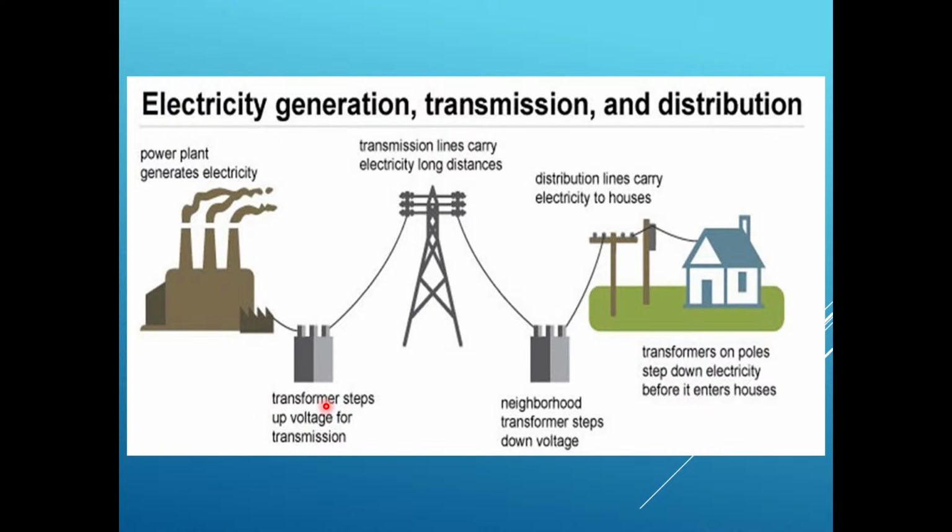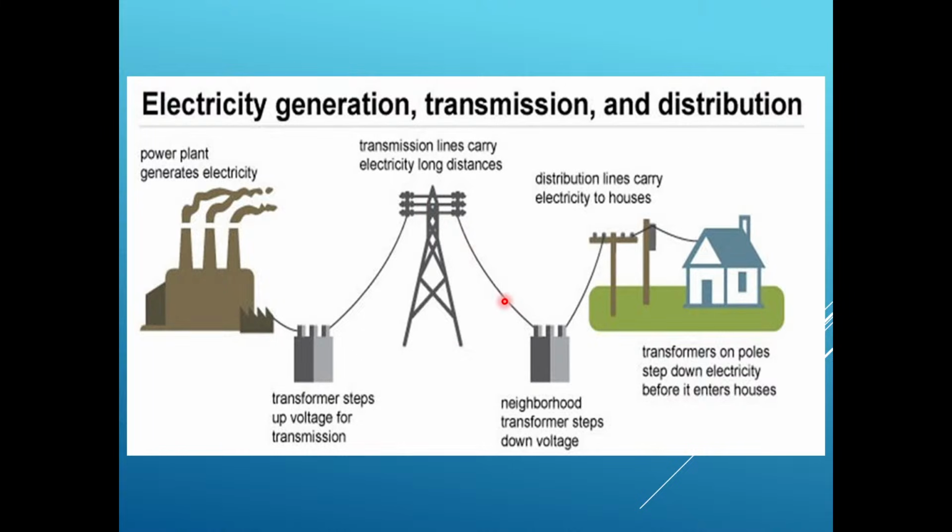Here you can see the transformer steps up voltage for transmission. It will increase the voltage level without changing the frequency, and that is transmitted through the transmission line. The transmission line carries electricity over long distances, as they have mentioned here.